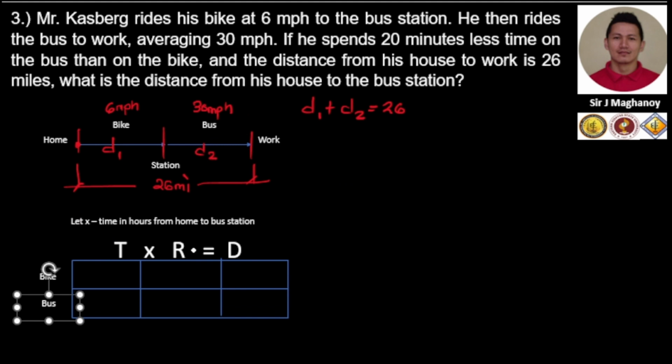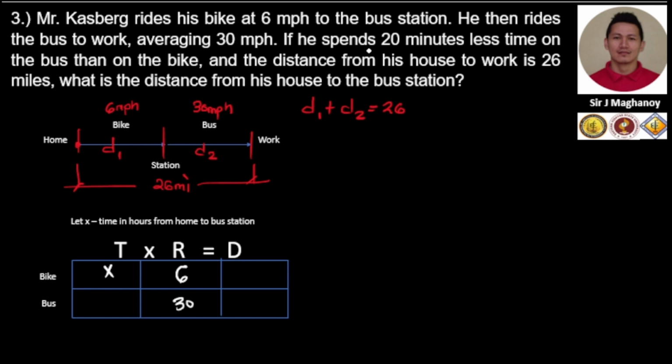Our rate for the bike is 6 miles per hour, and the rate of the bus is 30 miles per hour. How about for our time? Since our subject is the bike, we let x be the time of the bike. How about for the bus?